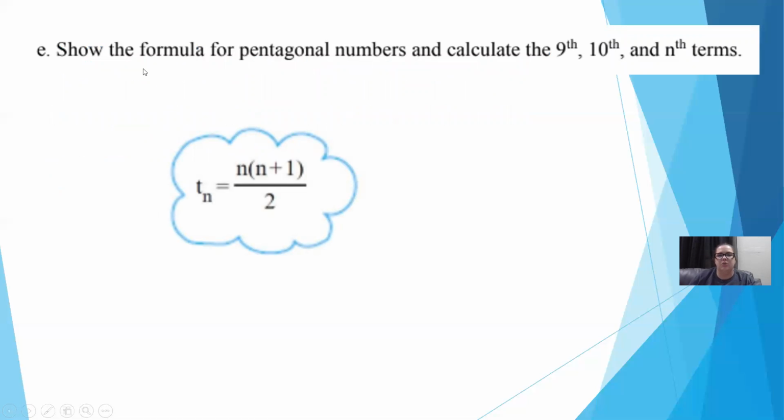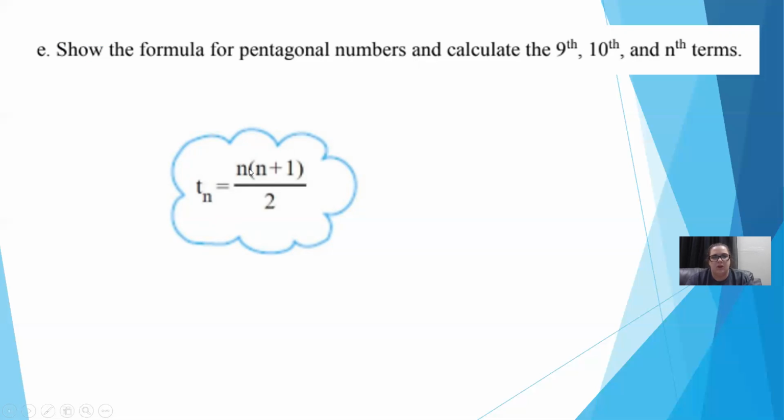So then it says to show the formula for pentagonal numbers and calculate the 9th and 10th terms. So this is the pentagonal formula. So to get the 9th and 10th terms, you are going to plug in for the 9th one, T9, because 9 is the n, equals 9 times 3n plus 1 divided by 2.